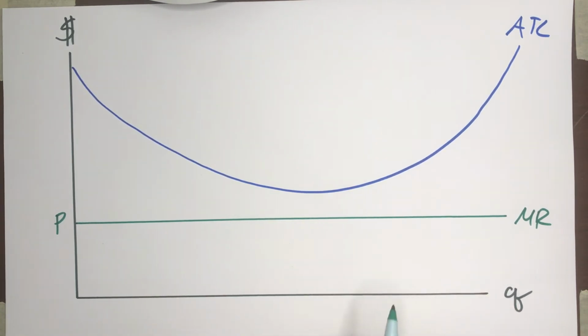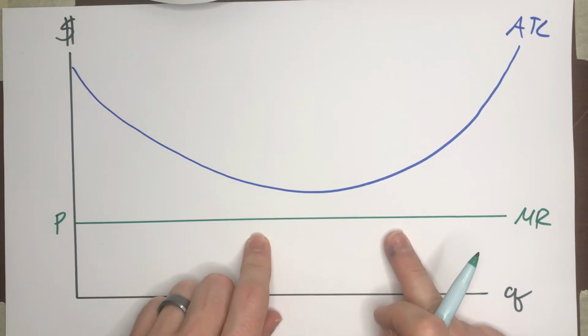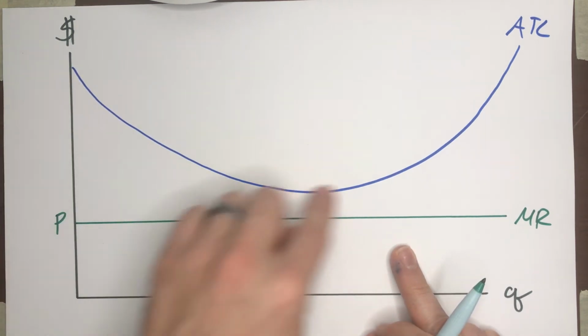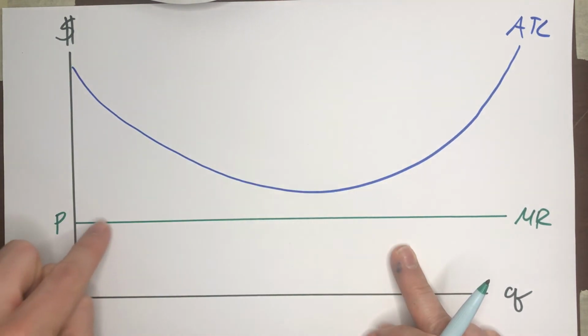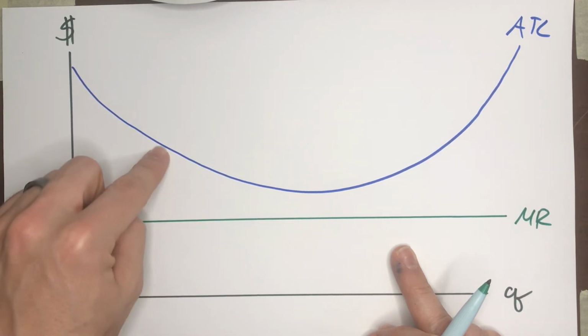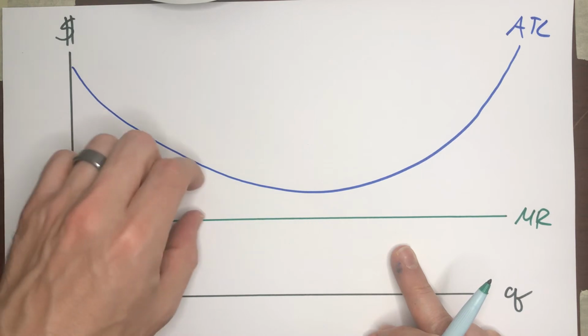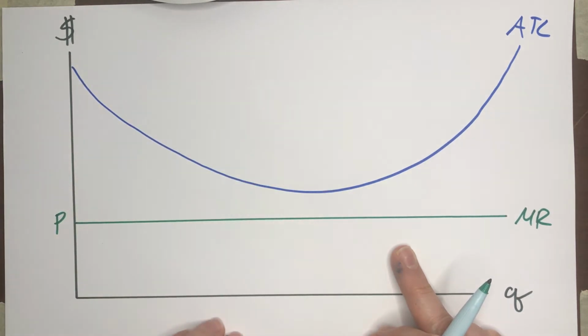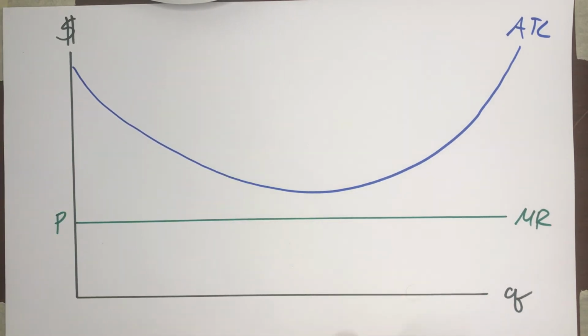Okay. So if this were the case, no matter how many units you're producing, the price that you receive per unit is going to be less than your average total cost of producing that many units. So you're losing money on average on every unit that you sell. Okay, so far so good. So the first fact is taken care of.